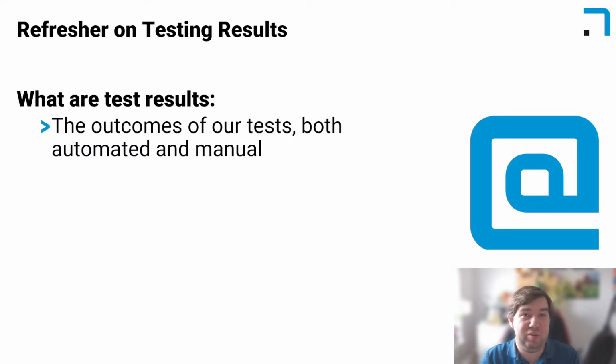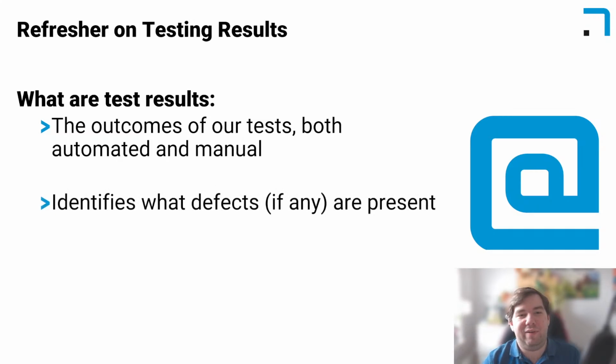Test results are generated automatically if we're using automated tests, of course, but for manual tests, we will need to actually note down what occurred, if this is within expectations or pass, fail, that kind of thing. Test results themselves identify what defects, if any, are actually present in the software that we're testing. Of course, these could be defects in our testing code itself, but these could also be defects within the software, which is the important one that we want to look at.